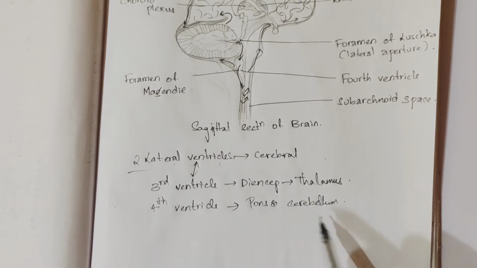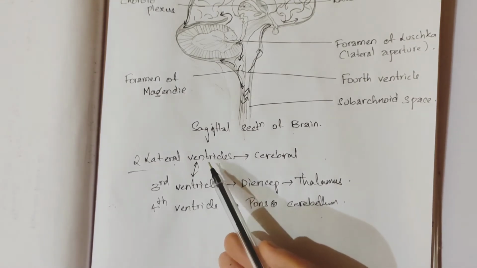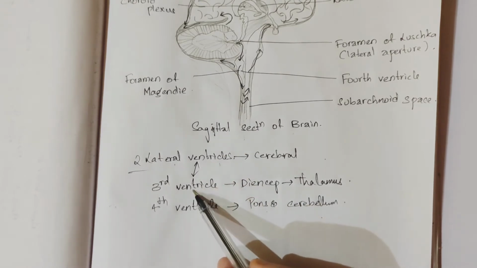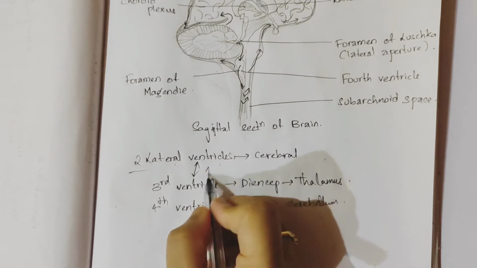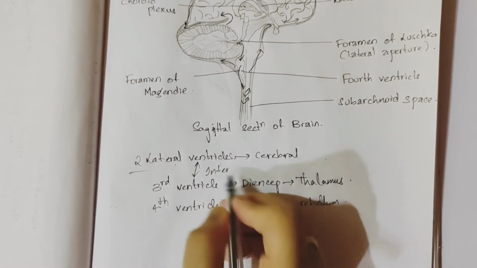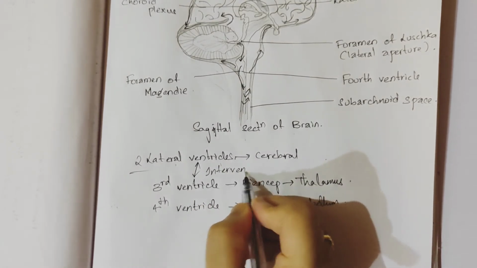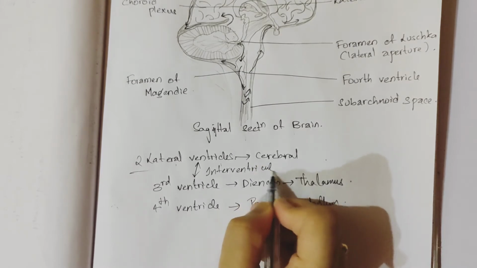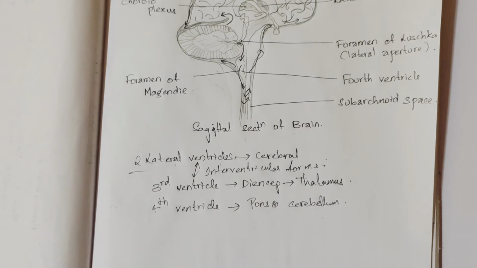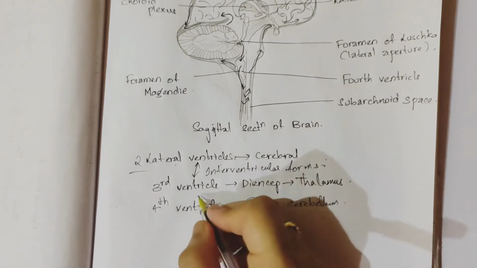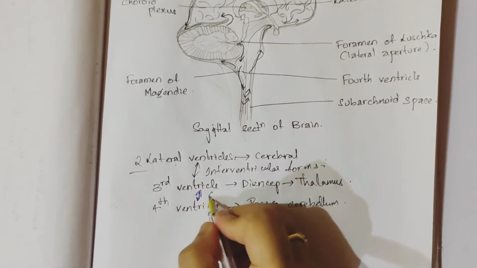The lateral ventricles and the third ventricle communicate via the interventricular foramen of Monro, and the third and fourth communicate via the cerebral aqueduct.